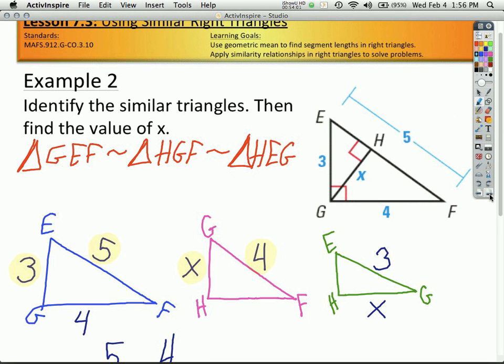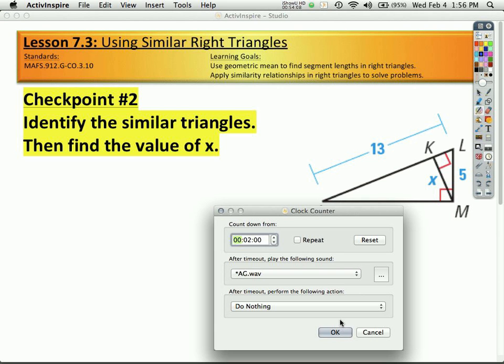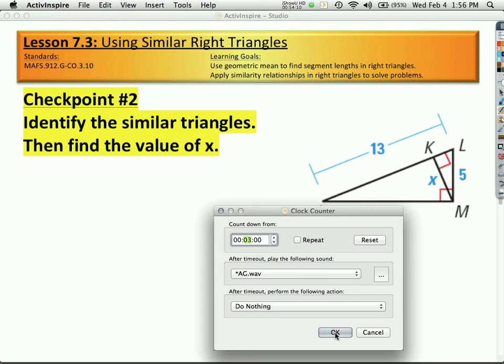Okay, let's see how you do on your own. Checkpoint number 2. You got 3 minutes on the clock. A little bit more of a process.